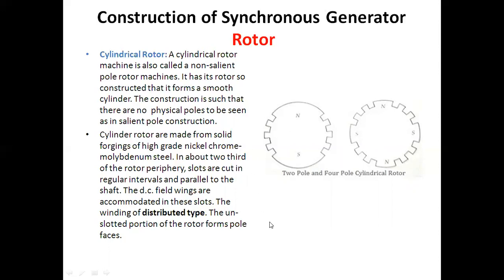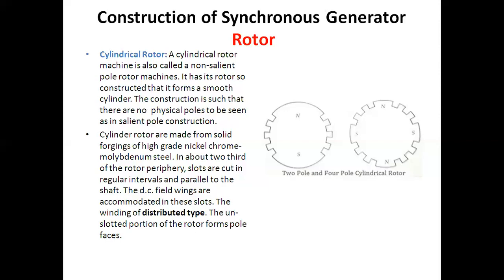A cylindrical rotor machine is also called a non-salient pole rotor machine. Its rotor is constructed so that it forms a smooth cylinder, with no physical poles to be seen as in salient pole construction.